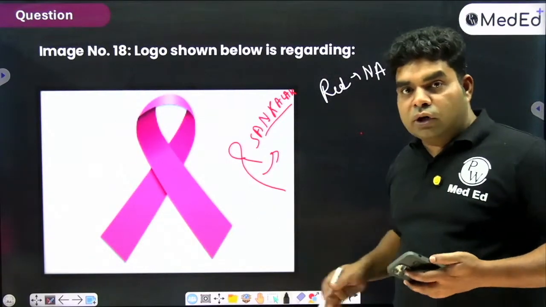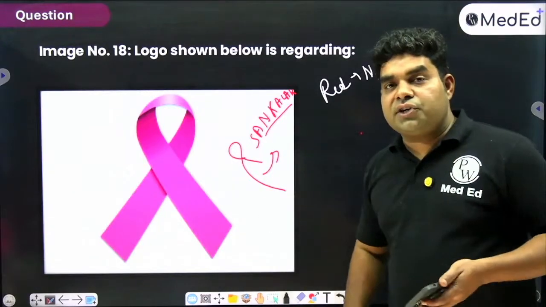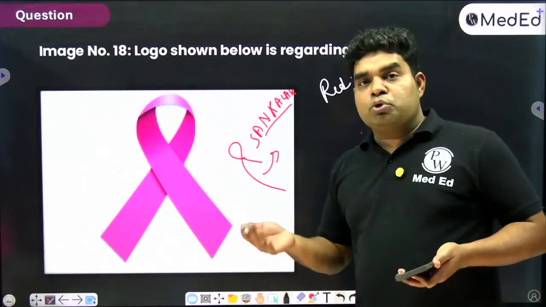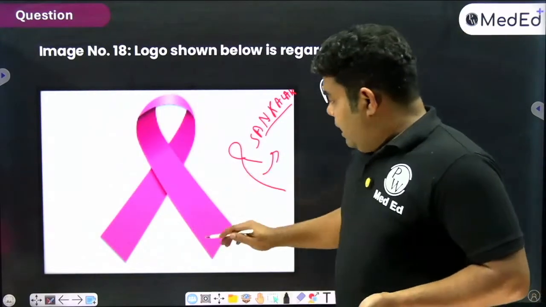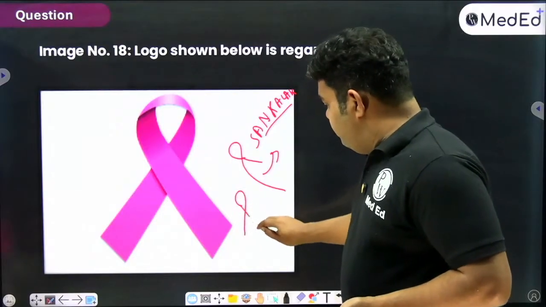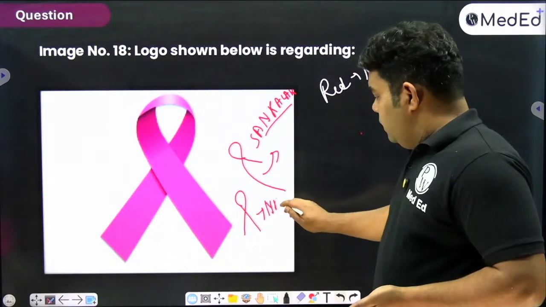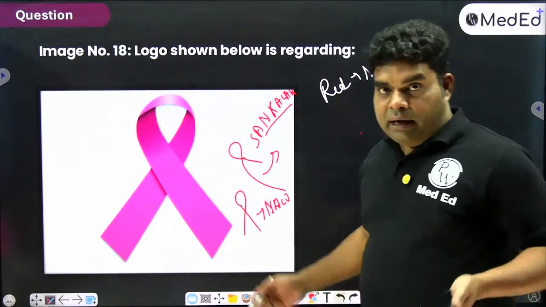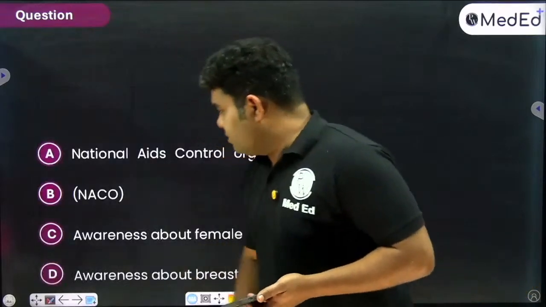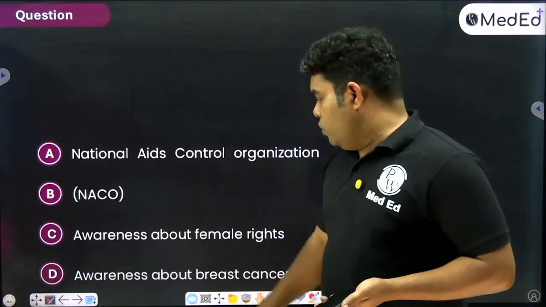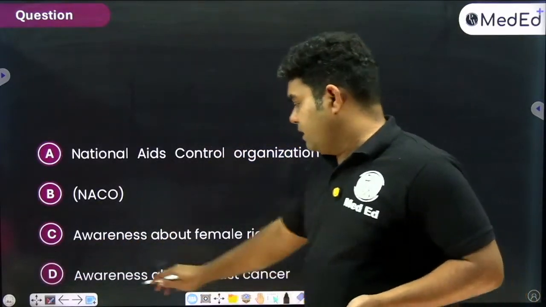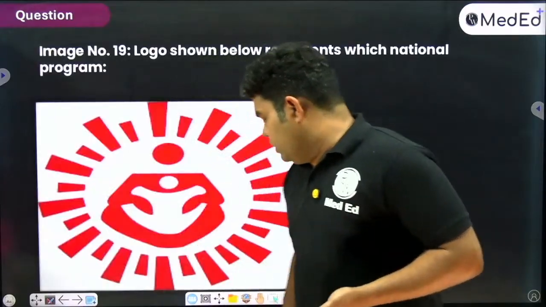So this program focuses on compilation of national registry data from 2017 to 2020. And if they give a small tail, this is NACO. Big tail, Sankalan, compilation, national AIDS data. So this was the logo of awareness about breast cancer. Pink color logo is for awareness.